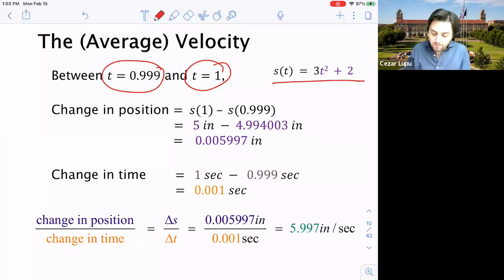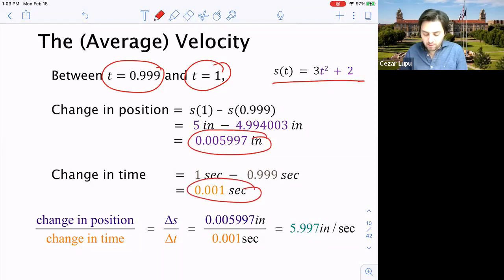So it will give you this here, right? The change in time is quite clear, 0.001 second. So the quotient, delta s over delta t, will be 0.005997 over 0.001. And this will give us 5.997. So it will give me something even closer to 6.